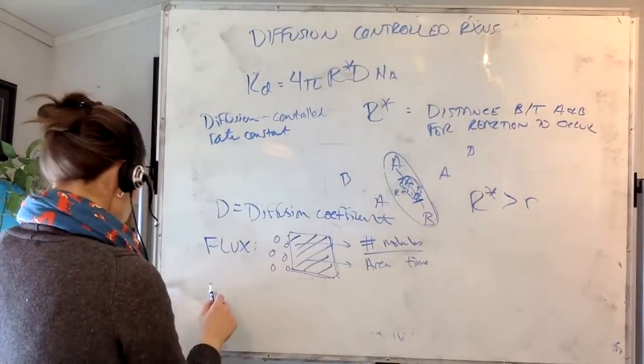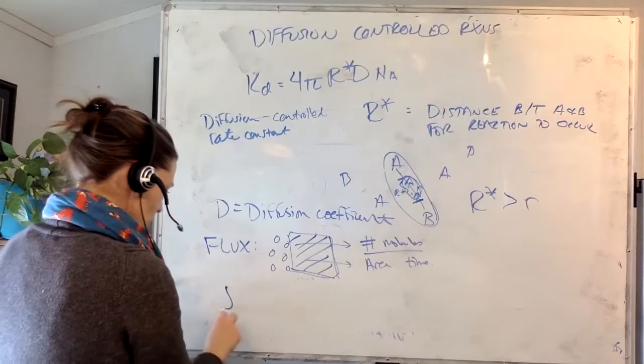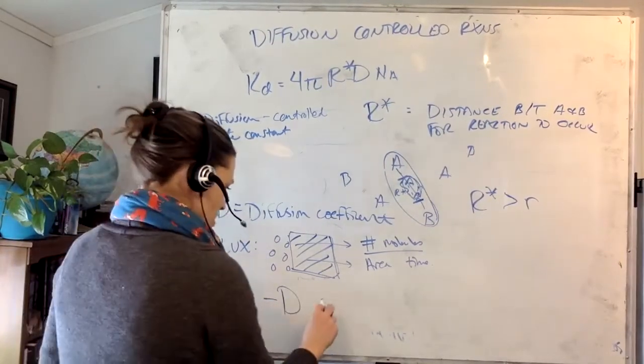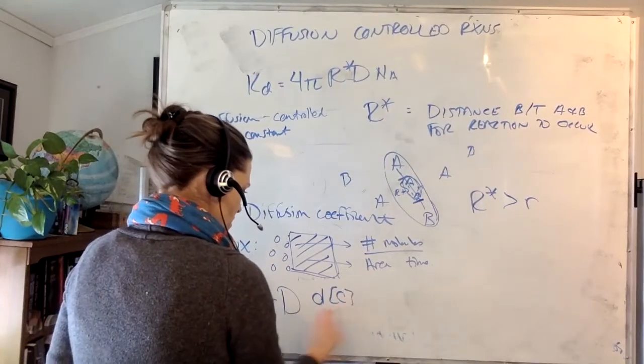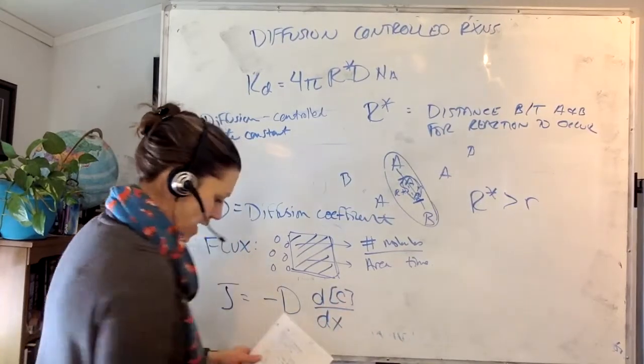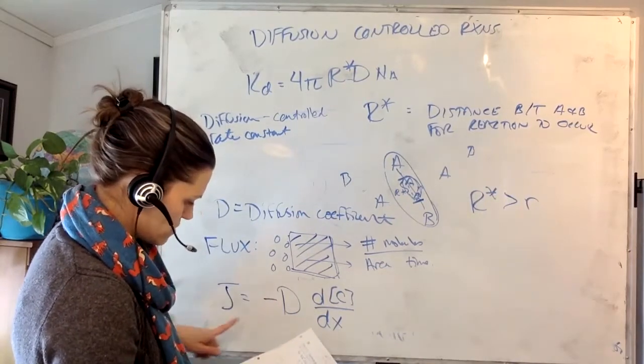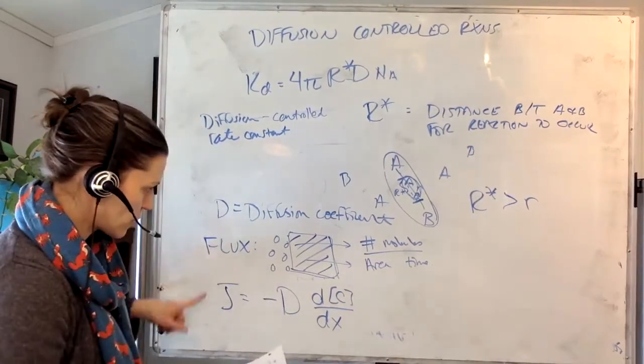So the flux, which we call J, is equal to minus D times the change in the concentration per change in x. The flux is the number that go through per time.